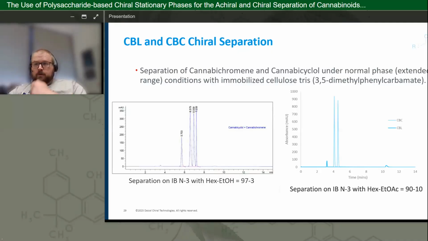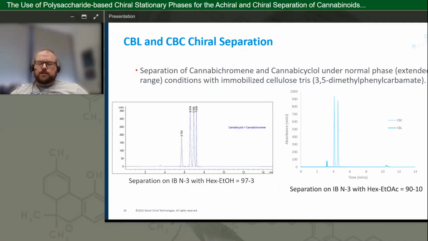So revisiting the separation on the right-hand side, it's the same chiral stationary phase, tris 3,5-dimethylphenylcarbamate, but instead of hexane ethanol like I showed previously, going to hexane ethyl acetate 90-10 changes the separation quite dramatically. We now see a really large separation for CBL, and still maintain a very nice separation of CBC.